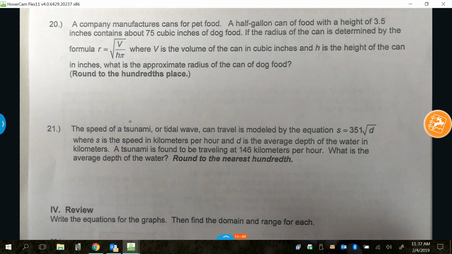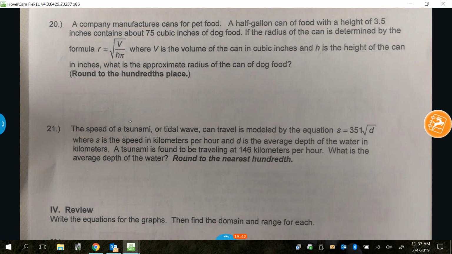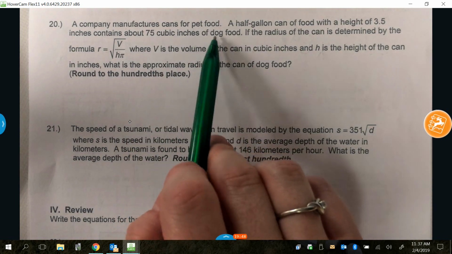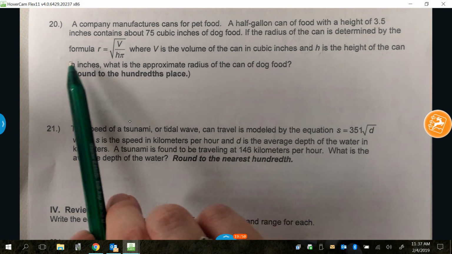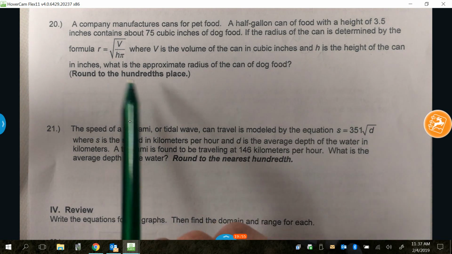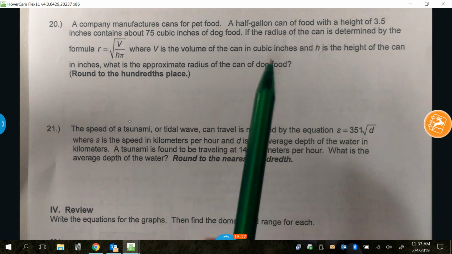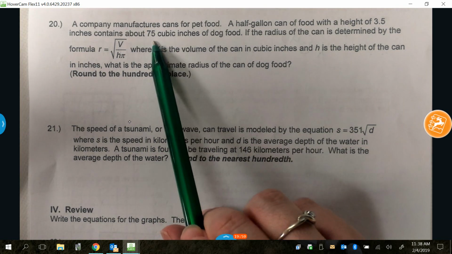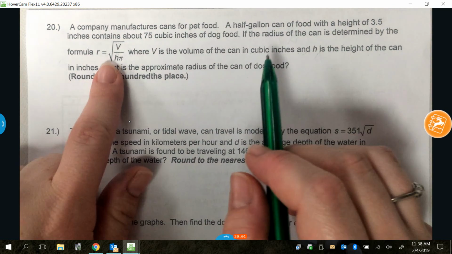Okay, let's look at number 20. A company manufactures cans for pet food. A half-gallon can of food with a height of 3.5 inches contains about 75 cubic inches of dog food. If the radius of the can is determined by this formula, where V is the volume and H is the height of the can in inches, what is the approximate radius of the dog food? Well, I'm given the volume and the height, so I'm filling in that.